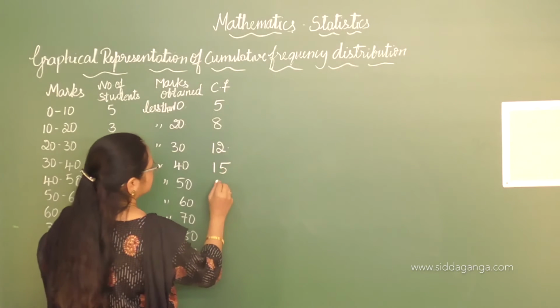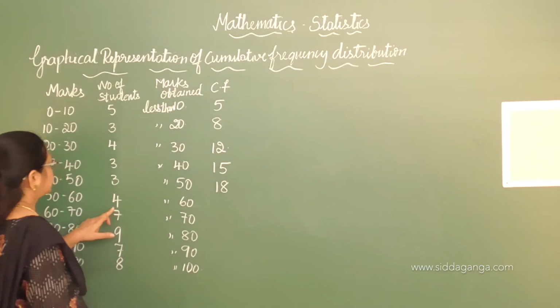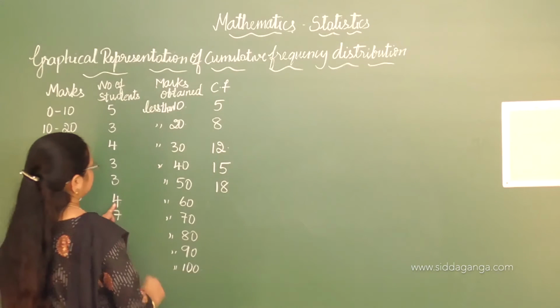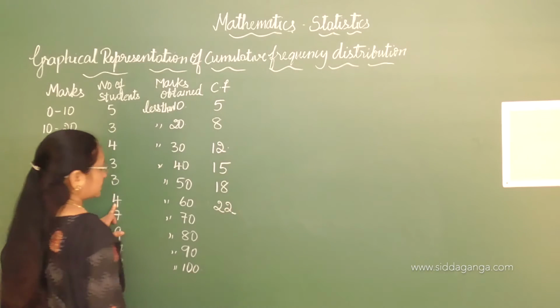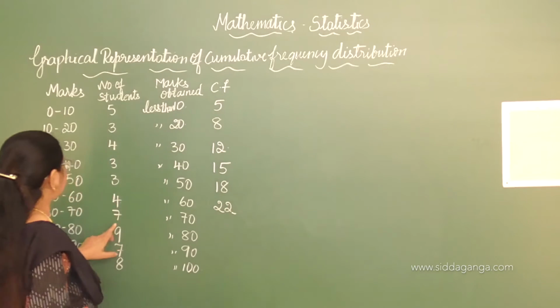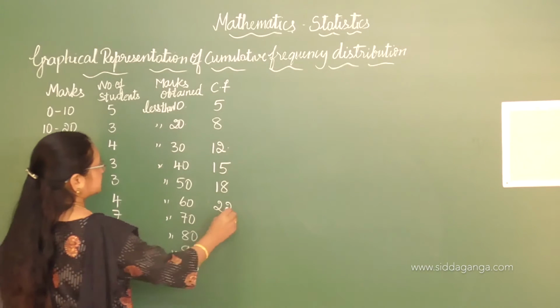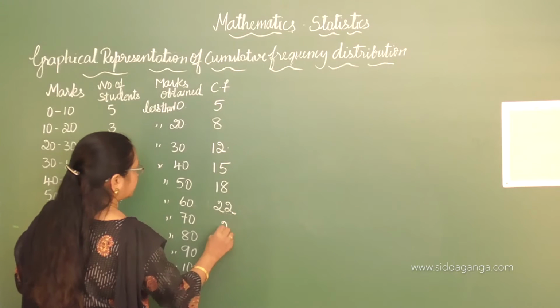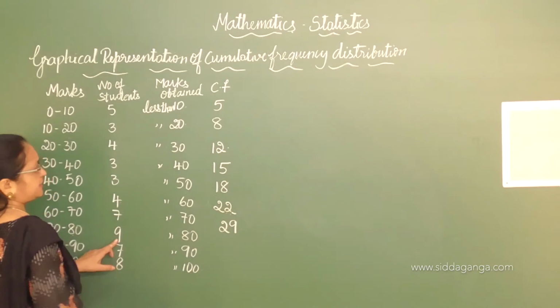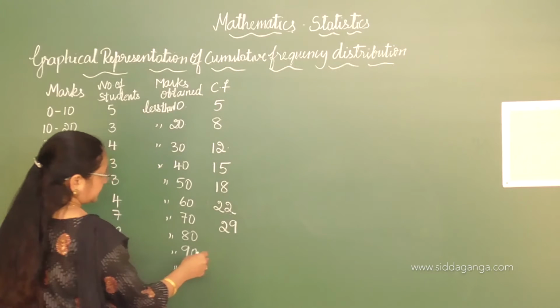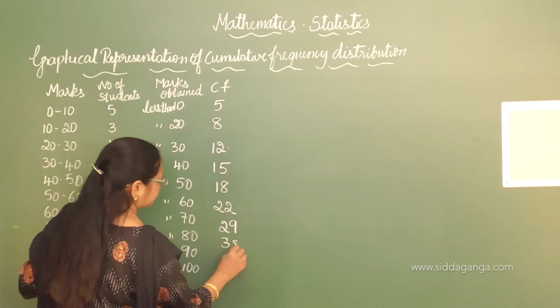Less than 50: again add 3, it will be 18. Less than 60: add 4, 22. Then less than 70: add 7, 29. Again less than 80, 38.